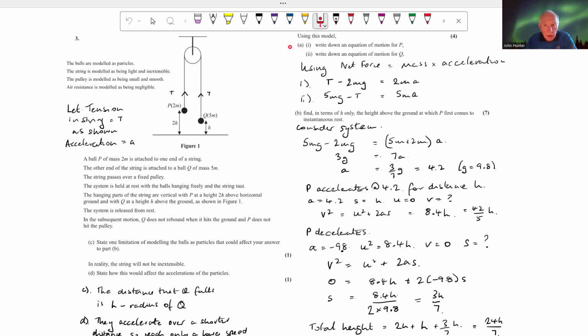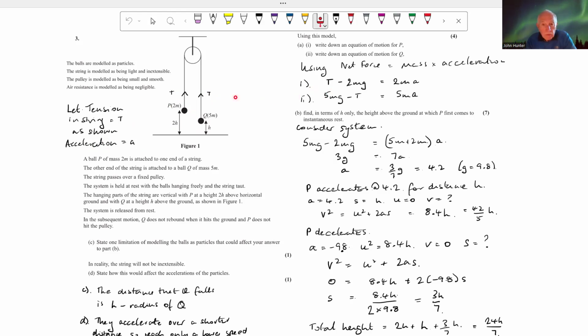So the first part of the question: using this model, write down an equation of motion for P. So we're using Newton's second law of motion for this. I've denoted the tension in the string as T, and it's equal in both directions, and we've got an acceleration of a.